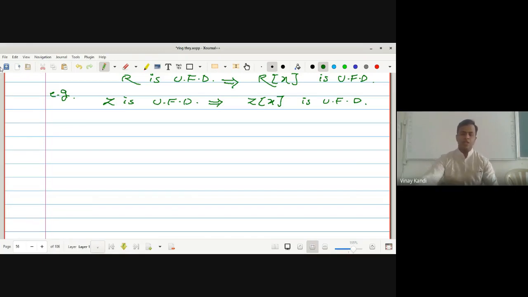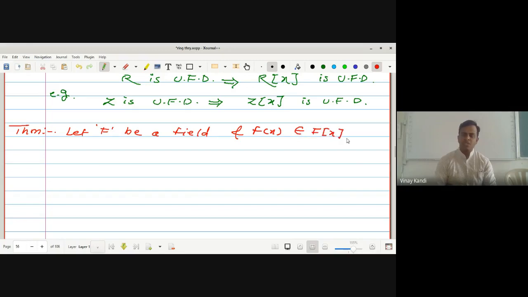Let capital F be a field and let f of x belong to capital F of x, that is, the ring of polynomials. Here F is the field, then F of x is what?